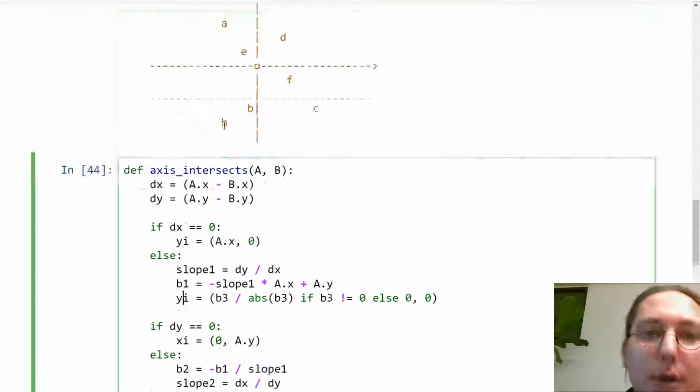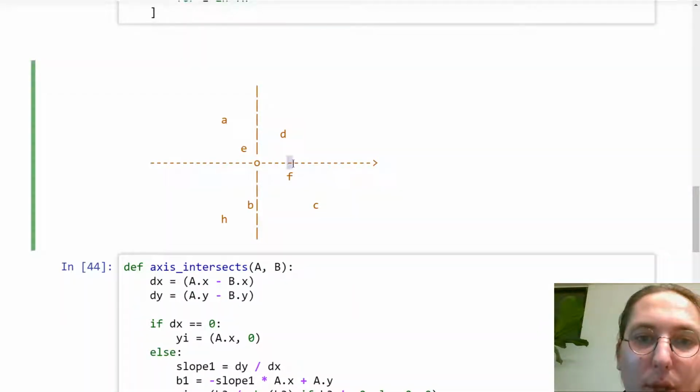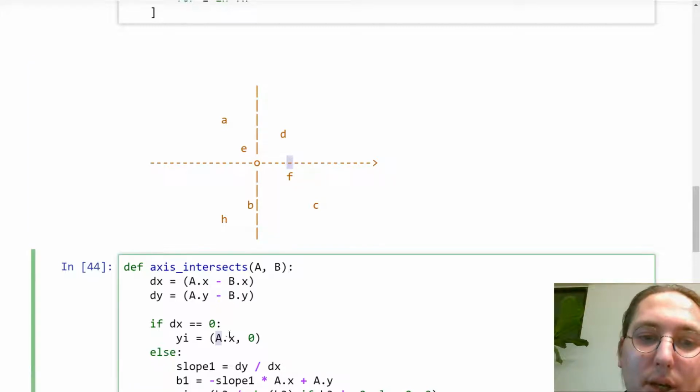So if you're intersecting here, then y is 0 and x is positive. So the y-intersect has an x and 0 y.